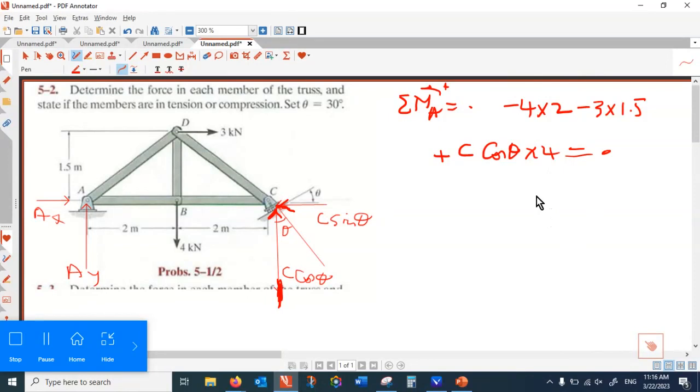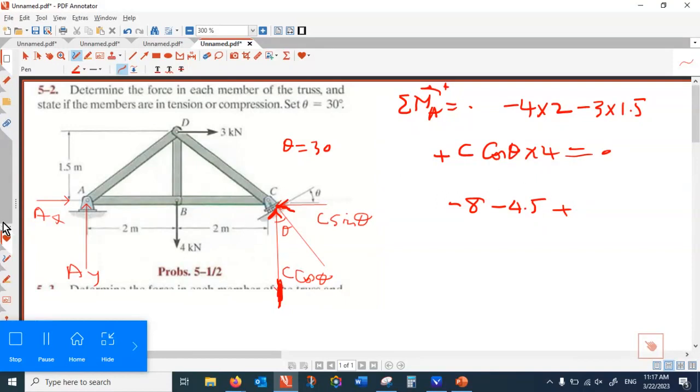So theta is equal to 30 degrees. That is minus 8, minus 4.5, plus cos theta.